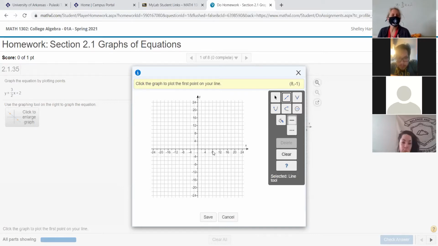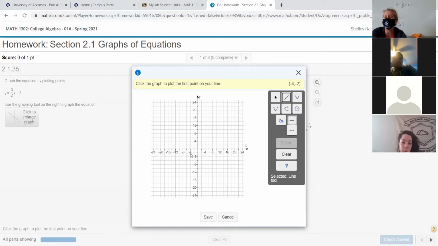So when I'm plotting, it's hard to tell on a graph like this because the boxes are tiny. I can't even hardly make my eyes see that small. But up in that area, it's telling me that my cursor right now is at 8, negative 1. I want my cursor to be, if I'm plotting this point, at negative 2, negative 1. So look up in that yellow box when I'm moving my cursor.